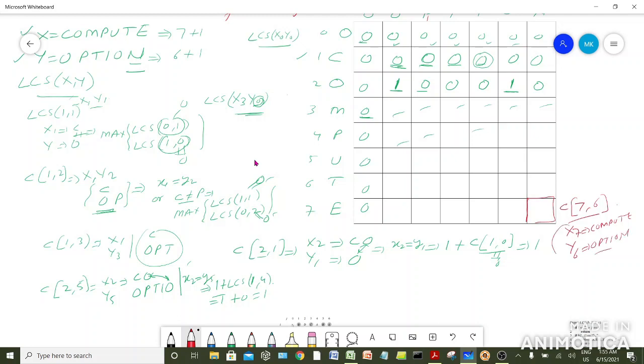So it is going to generate the length of the common subsequence which is going to be longest in nature. So whatever comes here is going to be the final answer.